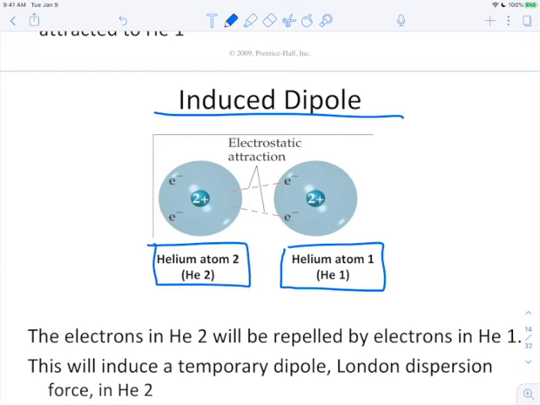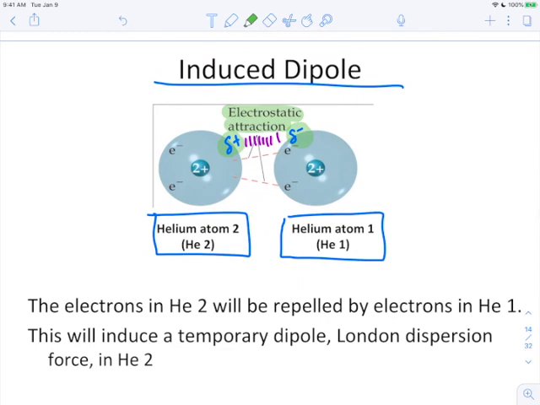It has a dipole now, and it was induced by helium 1. So if you want to think of it as following the leader, once helium 1 did it, helium 2 followed suit. And now these two are attracted to each other. Due to that electrostatic attraction, the positive and the negative.